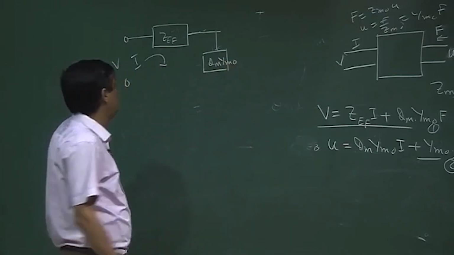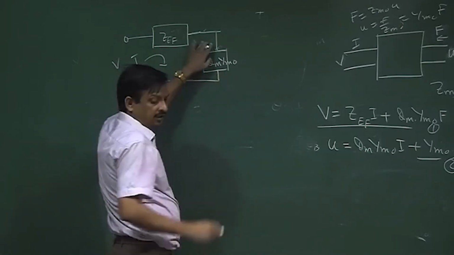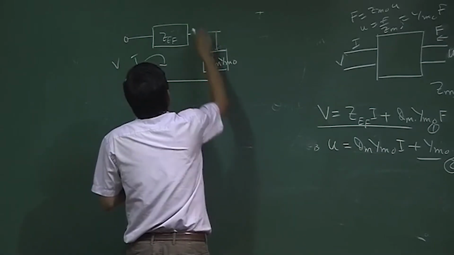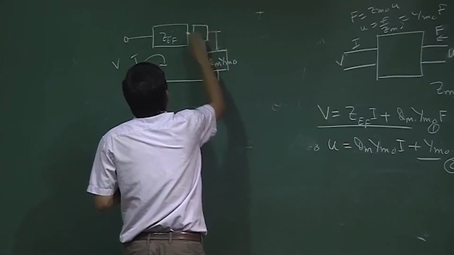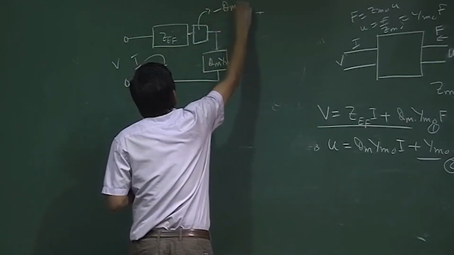Since it creates an extra load for I, I have to put another impedance here, which is nothing but minus phi m YMO.